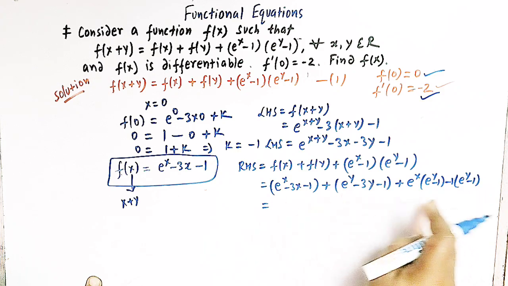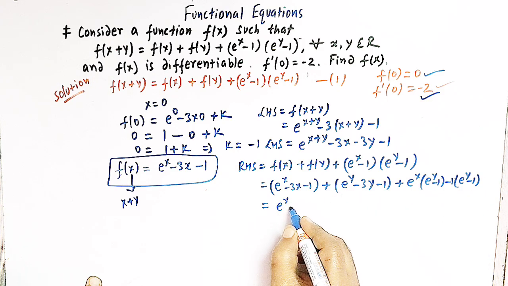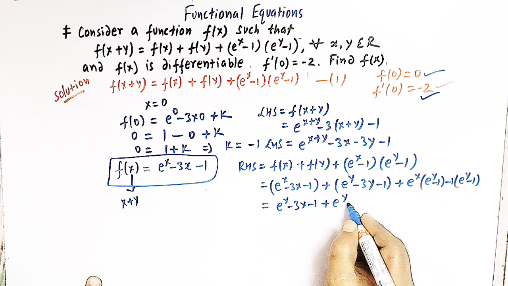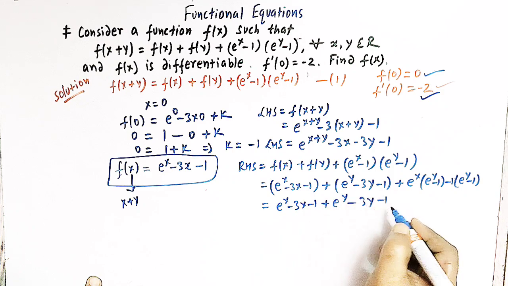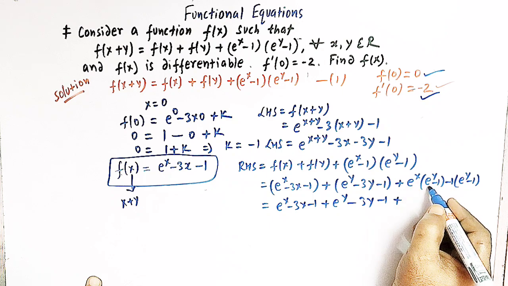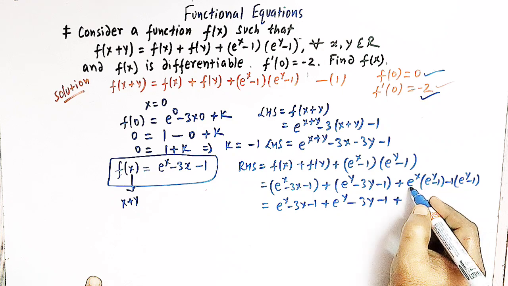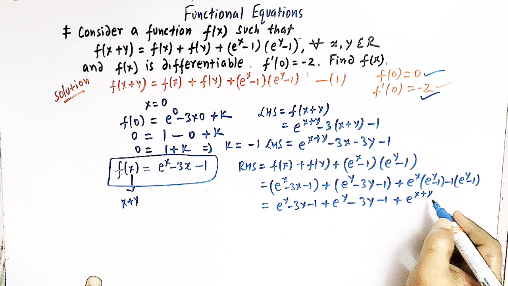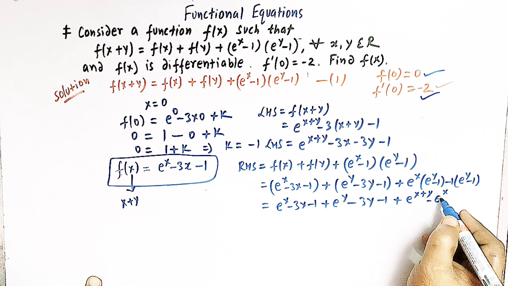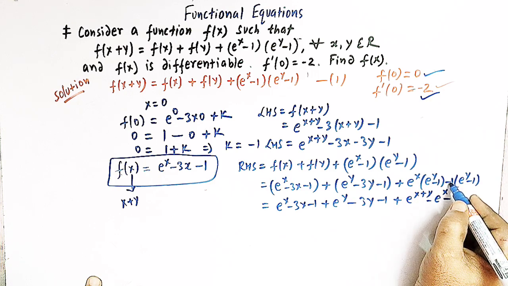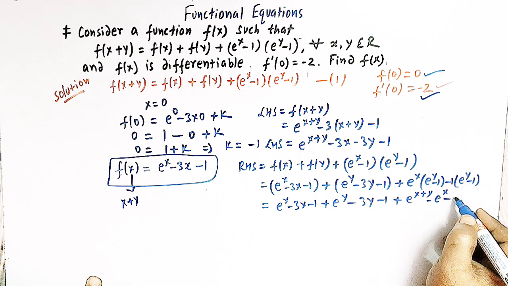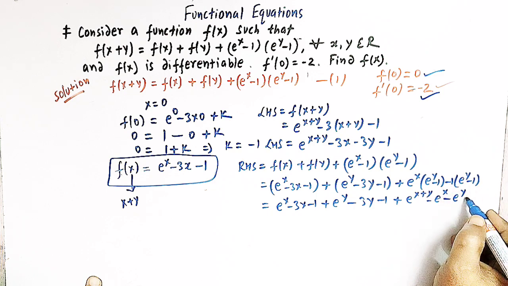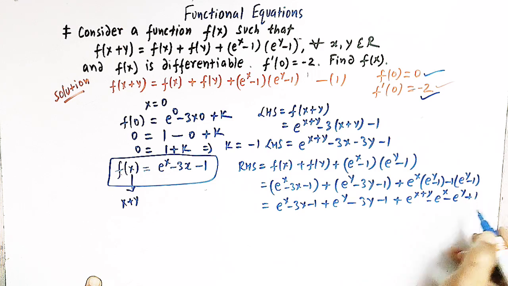So let us rearrange the terms. So we have e raised to x minus 3x minus 1 plus e raised to y minus 3y minus 1, multiplying e raised to y minus 1 by e raised to x, we have e raised to x plus y, then we have minus e raised to x, and then we have minus 1 times e raised to y, that is e raised to y, and minus 1 times minus 1 is plus 1, right?